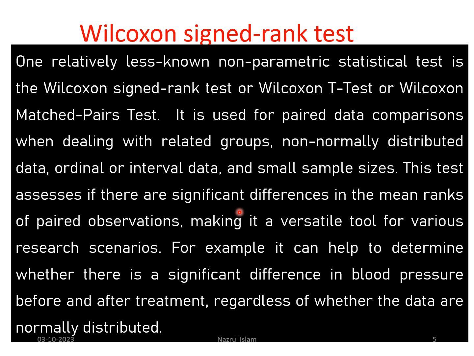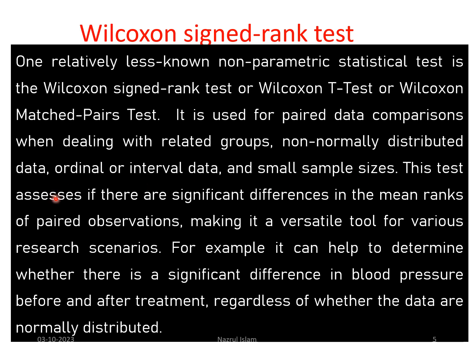Now, the Wilcoxon signed rank test. One relatively less known non-parametric statistical test is the Wilcoxon signed rank test, or Wilcoxon t-test, or Wilcoxon matched-pair test. It is used for paired data comparisons when dealing with related groups, non-normally distributed data, ordinal or interval data, and small sample sizes.